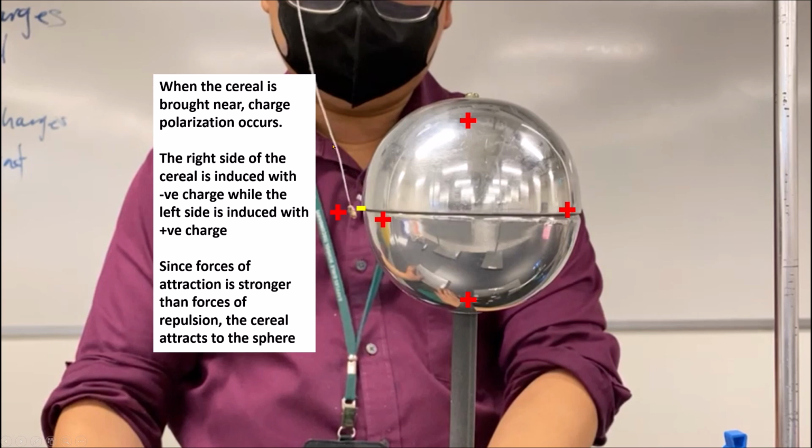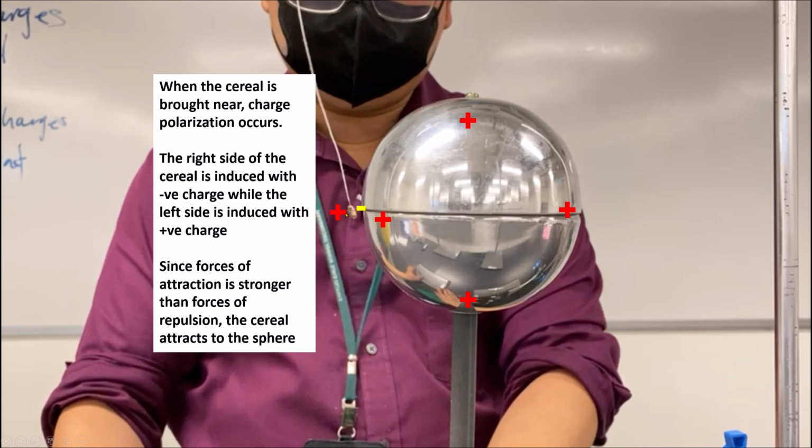When the cereal is brought near, what happens is the cereal is uncharged. Charge polarization occurs such that the right side of the cereal is induced with a negative charge. Because the sphere itself is positively charged, the right side of the cereal is negatively charged because unlike charges attract, right?